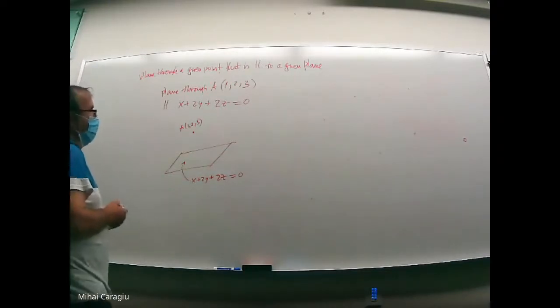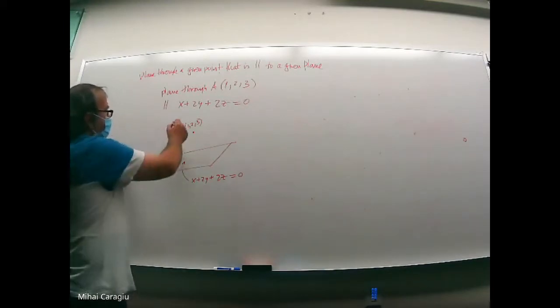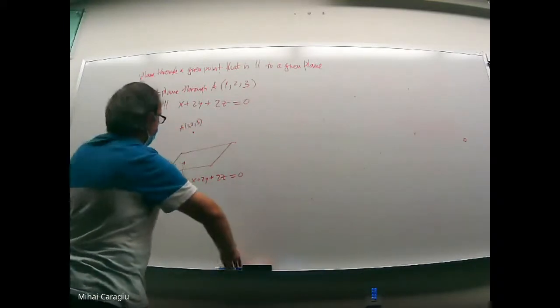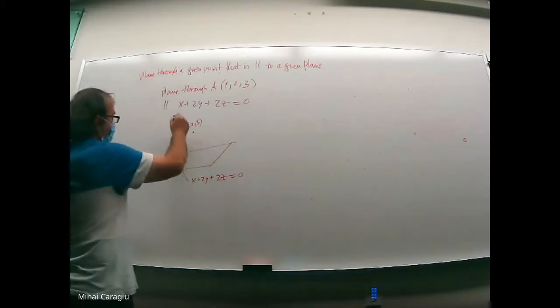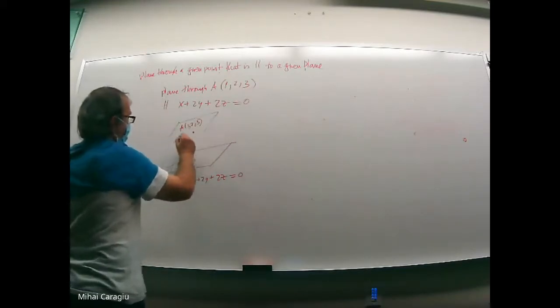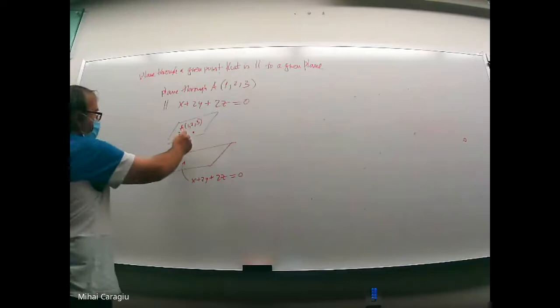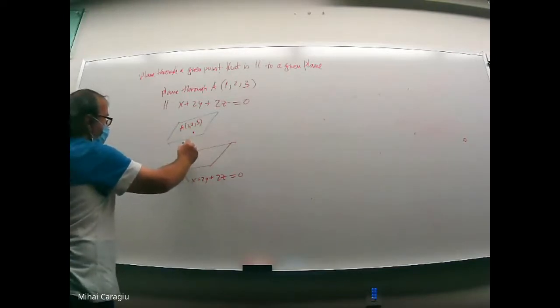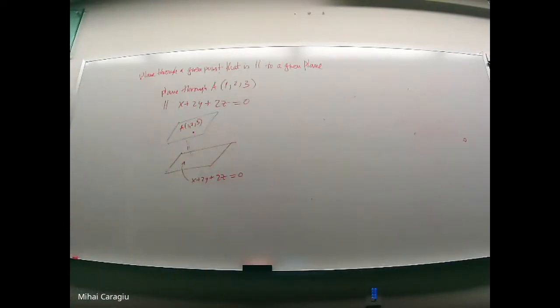So we are looking for a plane passing through this point 1, 2, 3 that is parallel to the plane x plus 2y plus 2z equals 0.